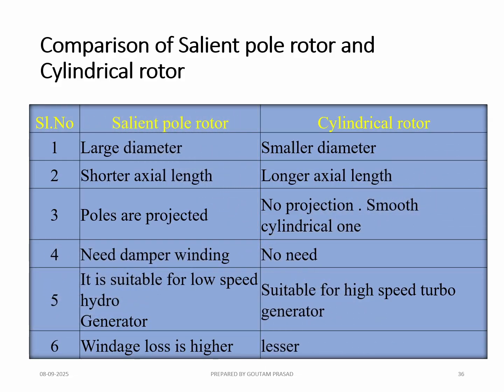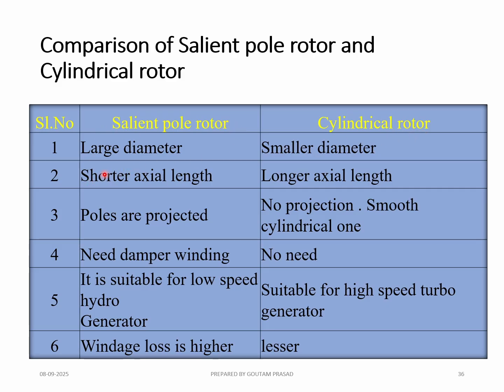Now, let's compare the salient pole rotor and the cylindrical pole type of rotor. The first point of difference is that the salient pole rotor has a larger diameter, and the cylindrical pole rotor has a smaller diameter.